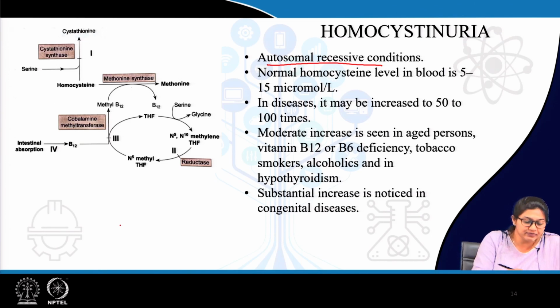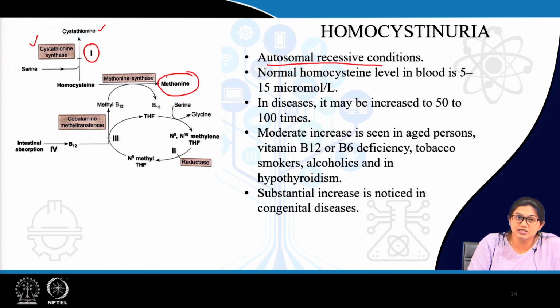So, here you can see homocysteine is basically formed from cystathionine with the help of the enzyme cystathionine synthase. Now, if this enzyme is defective it causes type 1 homocystinuria. Next, homocysteine forms methionine with the help of the enzyme methionine synthase, where the methyl group donor is basically methylcobalamin or vitamin B12. Now, this vitamin B12 comes from dietary sources.